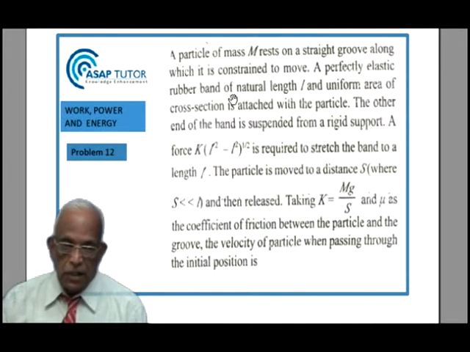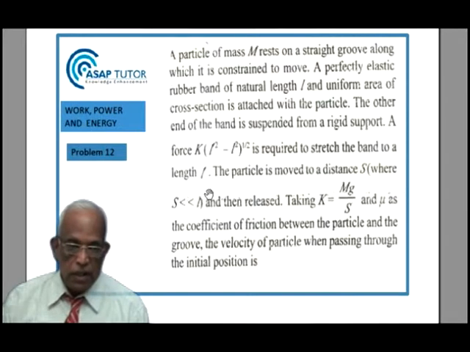A perfectly elastic rubber band of natural length L and uniform area of cross section is attached to the particle. The other end of the band is suspended from a rigid support. A force (K square minus L square) raised to half is required to stretch the band to a length L dash.